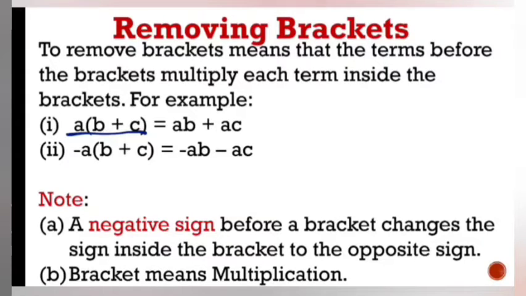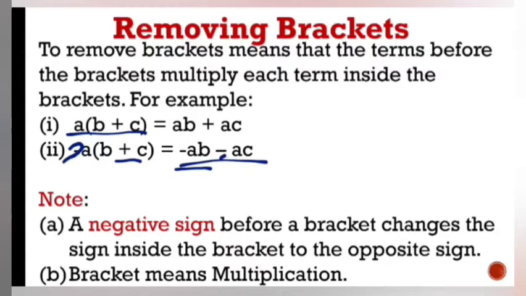What we mean is this: minus A times B is minus AB, and this minus multiplying this plus gives us minus. So minus A times C gives us minus AC. Okay, many more we shall be seeing in subsequent examples.